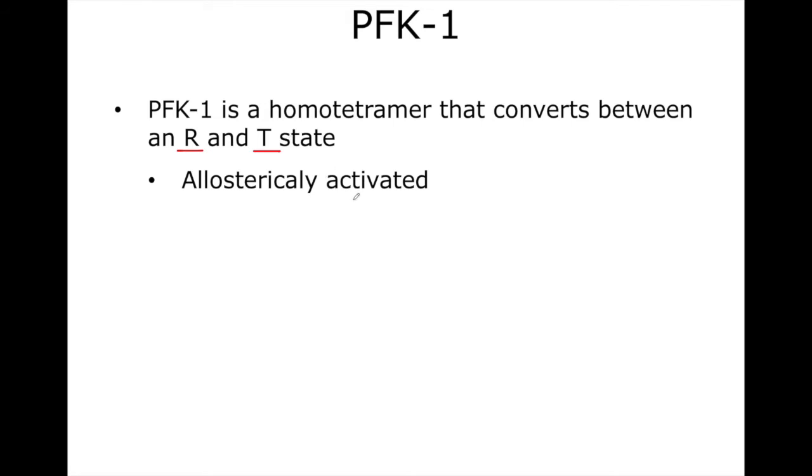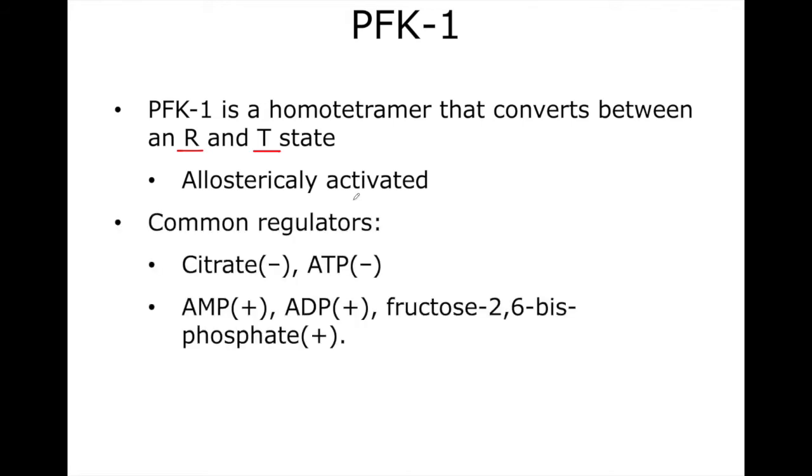This enzyme is an allosterically regulated enzyme, which means, of course, that we have small molecules which bind at regulatory domains and either activate it or inhibit it. So a couple of inhibitors, represented by the negative sign, citrate and ATP, when they bind to the enzyme, they inhibit it or lower its activity. They would probably stabilize the T state, giving it a lower activity.